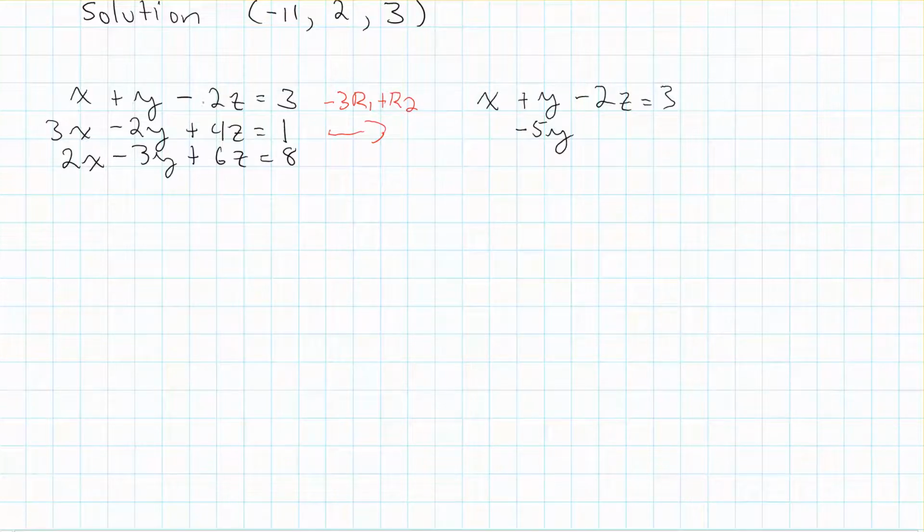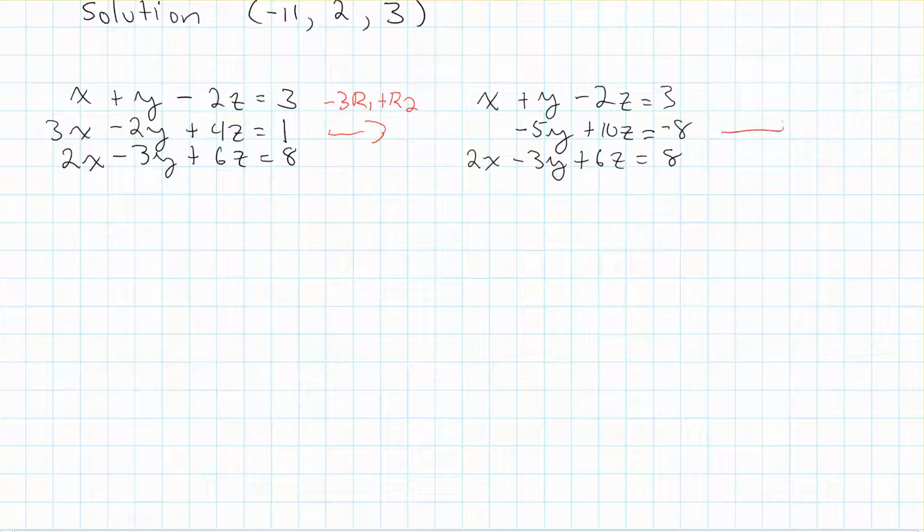This would be +6 plus 4, plus 10z, -9 plus 1, -8. And then we'd have 2x minus 3y plus 6z equals 8.